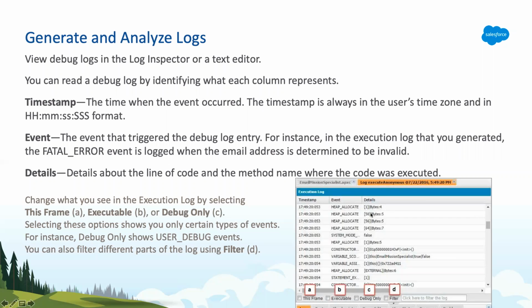In details, it will show you what the line is: the line of the code, as well as the method name, or where the code was executed. In these brackets, you can see the number.